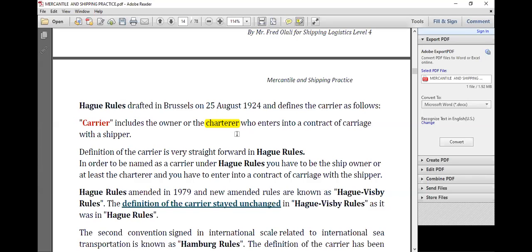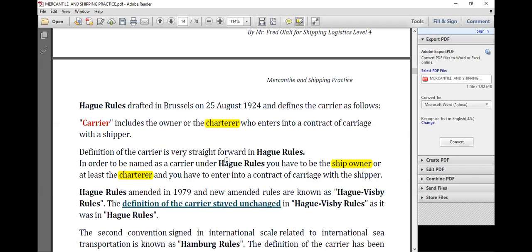So the definition of a carrier is very straightforward in the Hague Rules. In order to be named a carrier under the Hague Rules, you have to be the ship owner. If I want to call you the carrier, then you must be a ship owner, or at least a charterer, and you have to enter into a contract of carriage with the shipper.